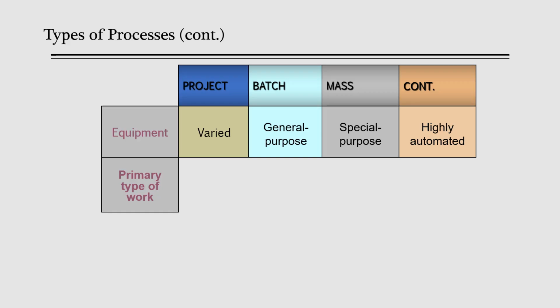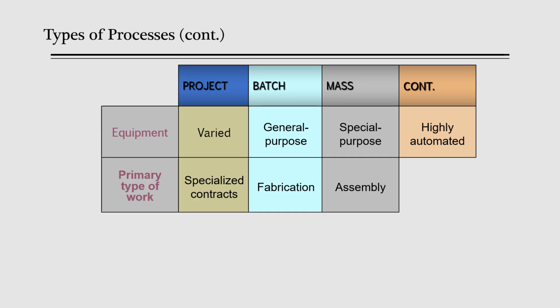Now let's see what are the primary types of work. In the projects, there is a special contract made on a project requirement. Sometimes special engineers may be assisted, sometimes skilled workers may be used. In the batch production, there is fabrication involved.